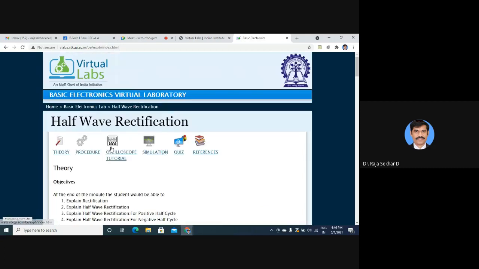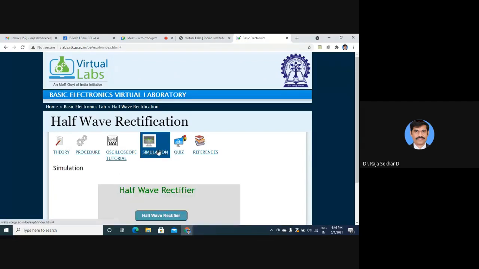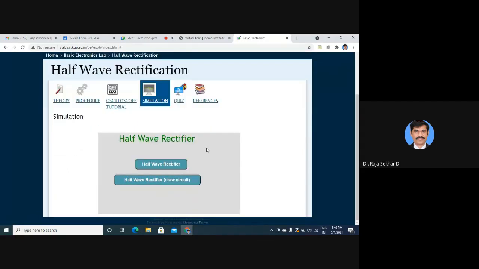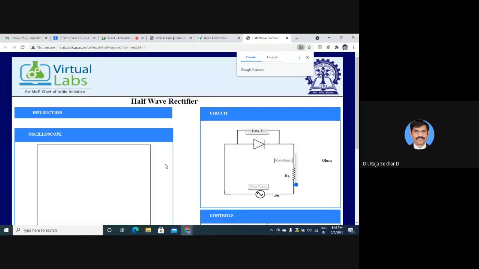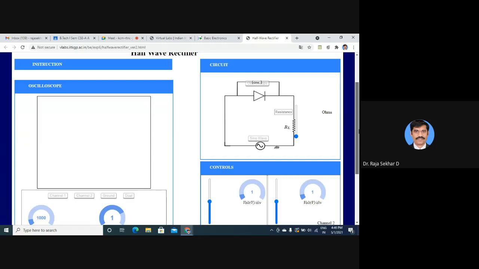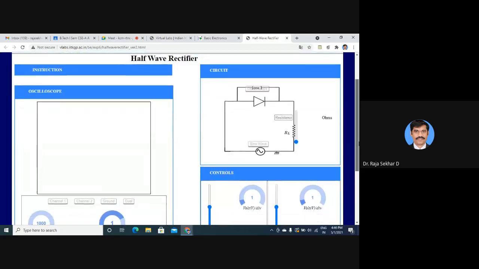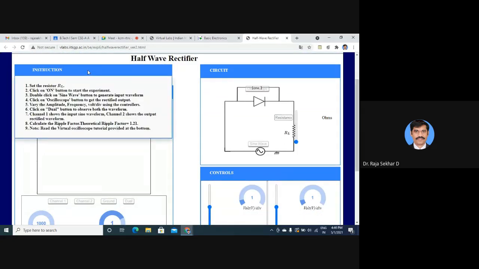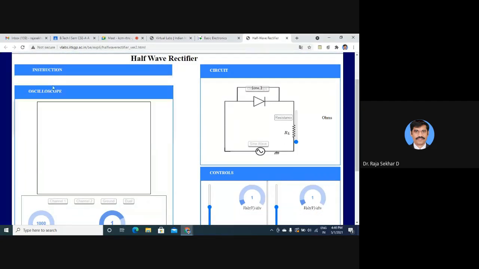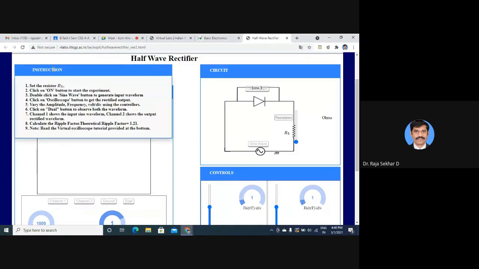So in the half-wave rectifier, for the simulation, here you have to change the load resistance. He has given the instruction: set the load resistance RL.